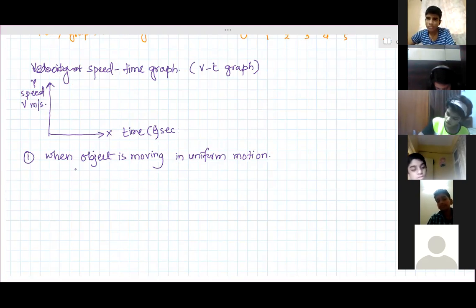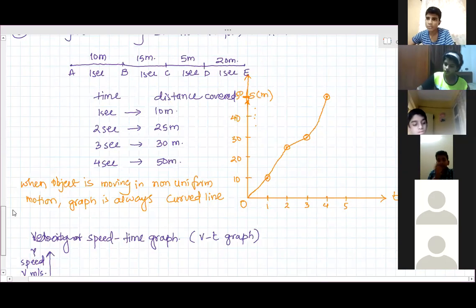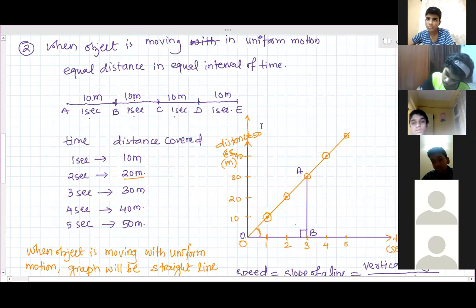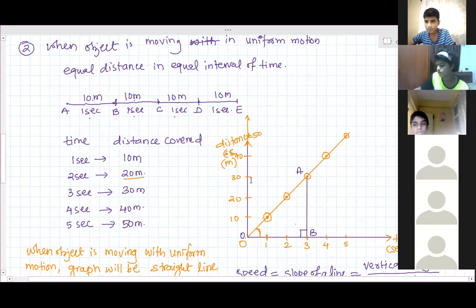That means what is the speed? Constant. Speed is constant. Take this example only. This object is moving in uniform motion, so you have drawn this graph for distance covered. You have plotted the values of distance covered by time.